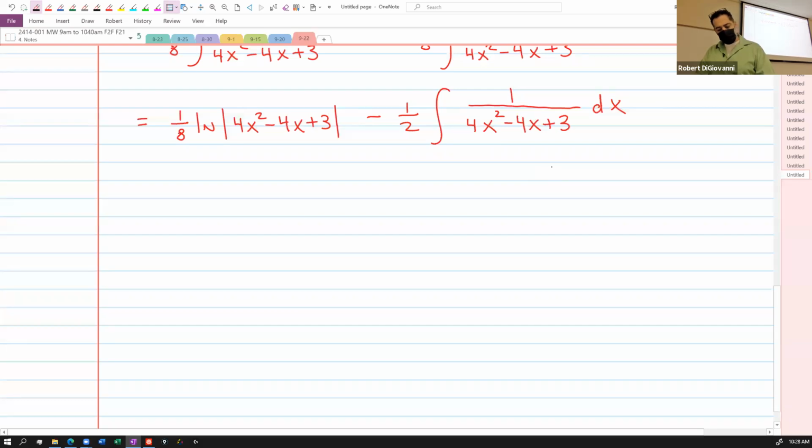To complete the square on that, I have to first factor a 4 out, which leaves me x squared minus x plus 3/4, right? Now I take the number in front of x, which is a 1, or -1, I should say. I take half of that.